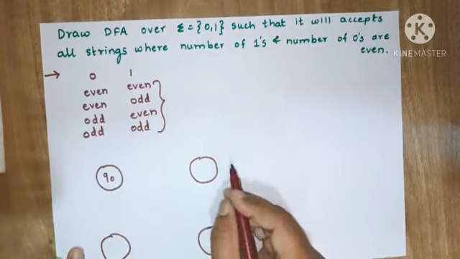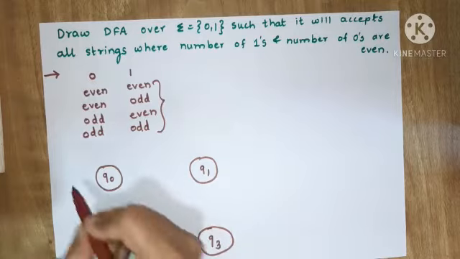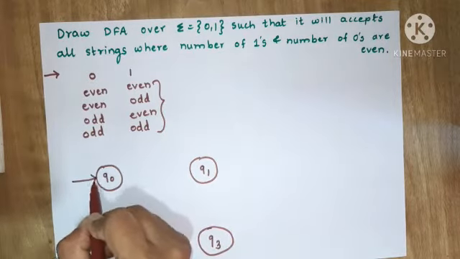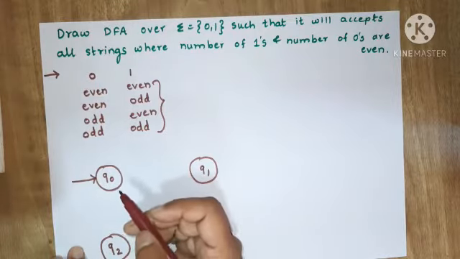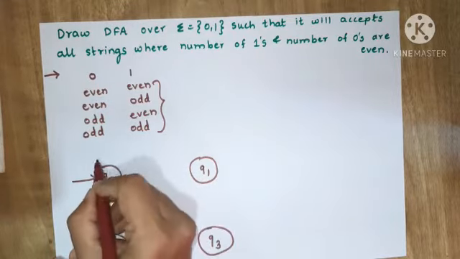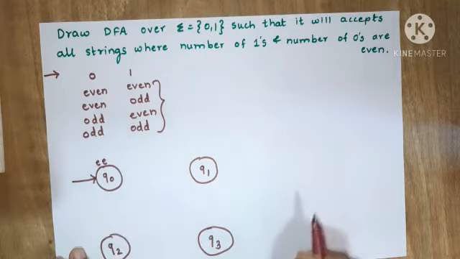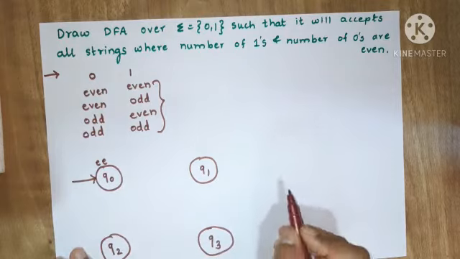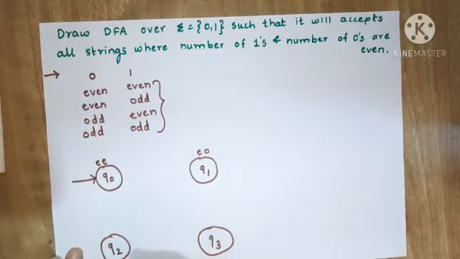So this is Q0, this is Q1, Q2, Q3. We represent these as even even, even odd, odd even, and odd odd.